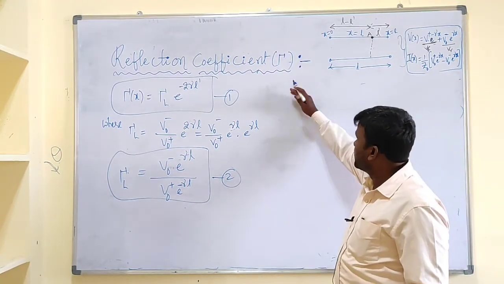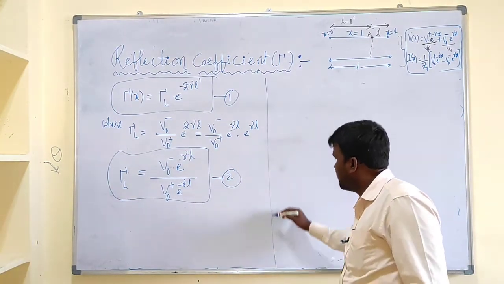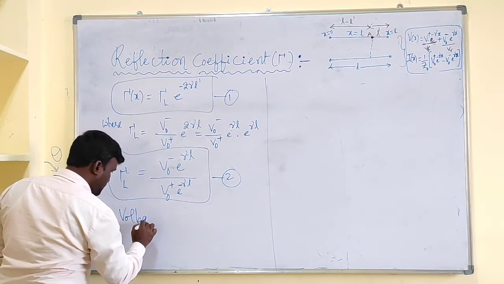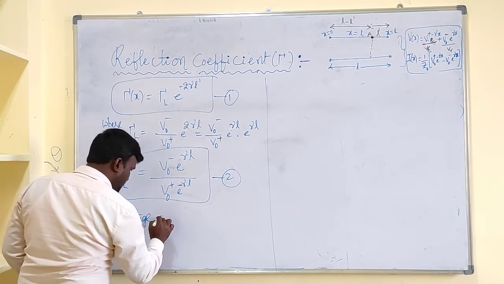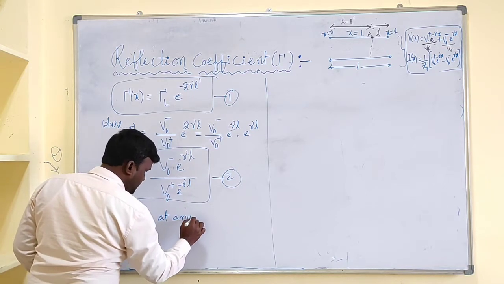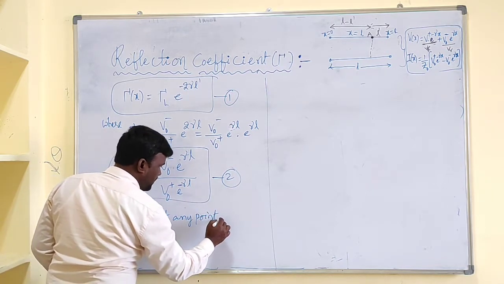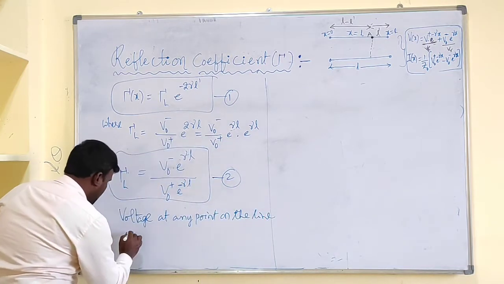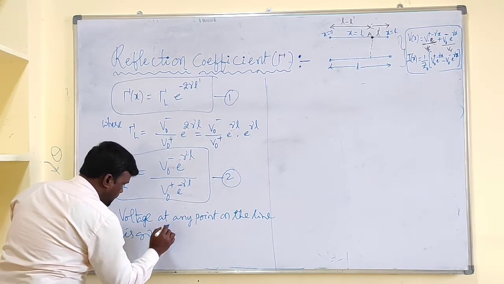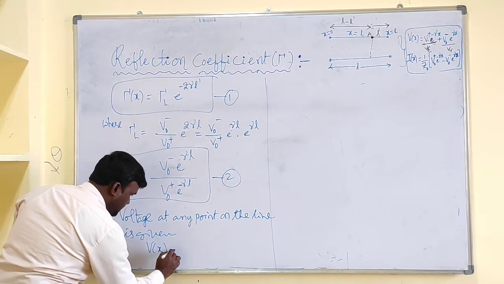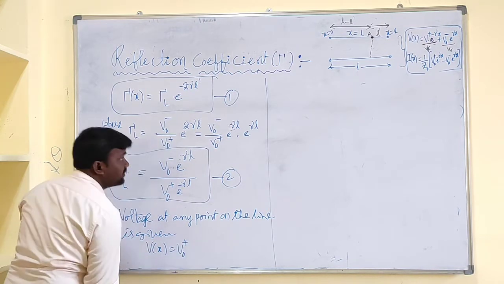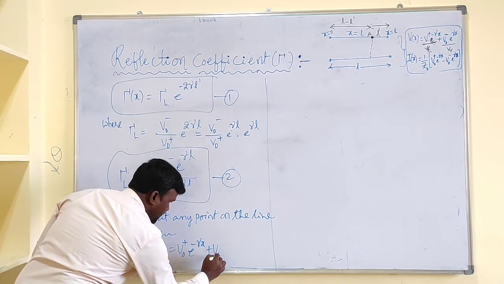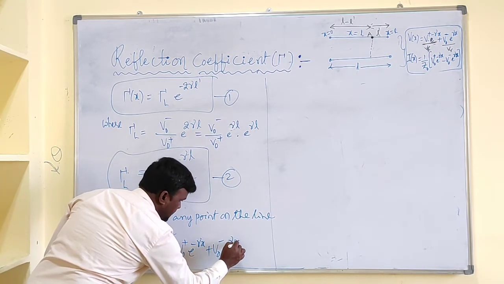Voltage at any point on the transmission line is given by the voltage equation, V of x equal to V naught plus e to the power minus gamma x plus V naught minus e to the power gamma x.